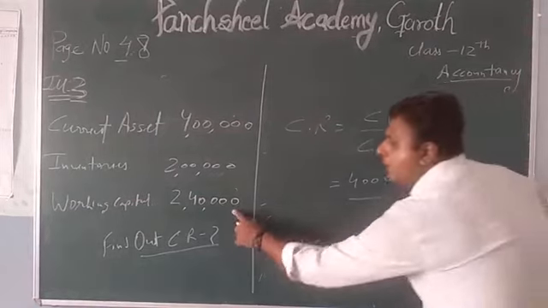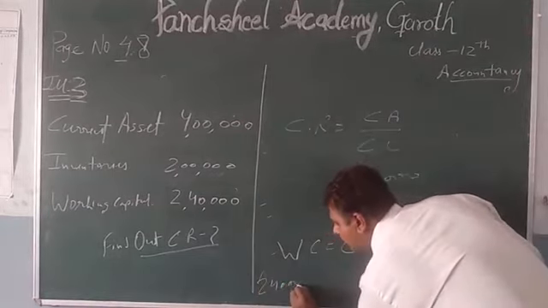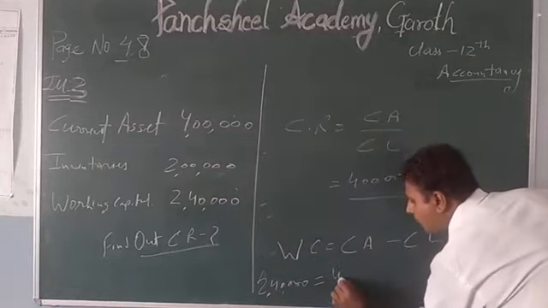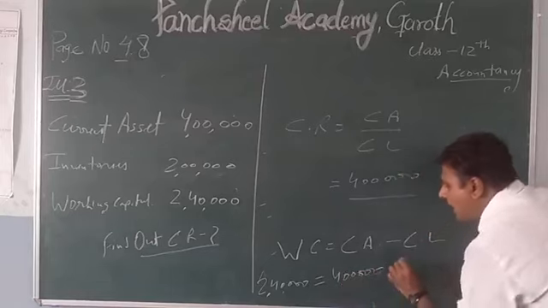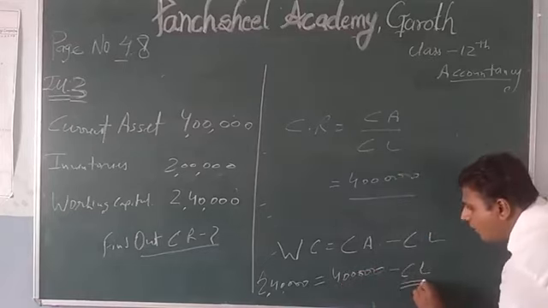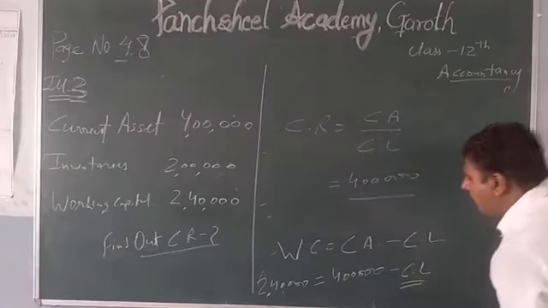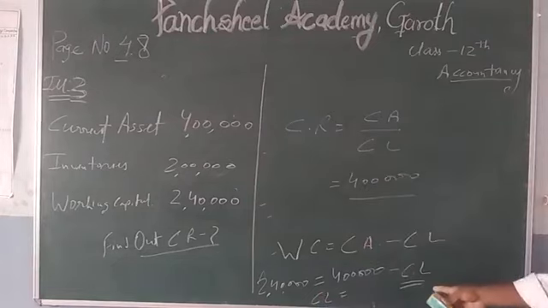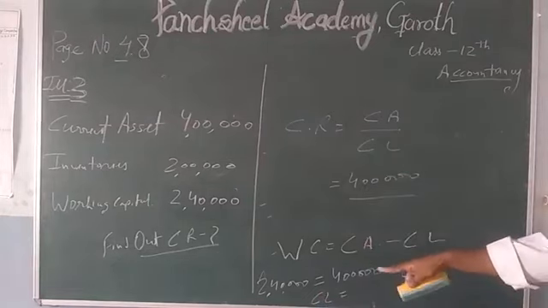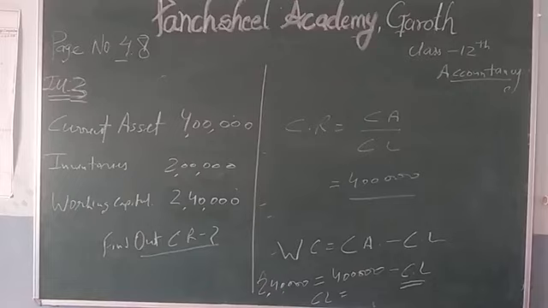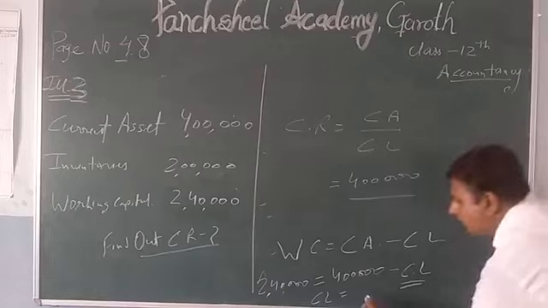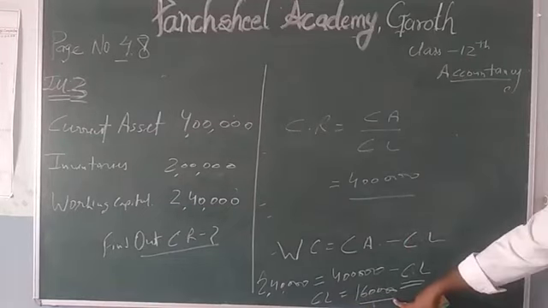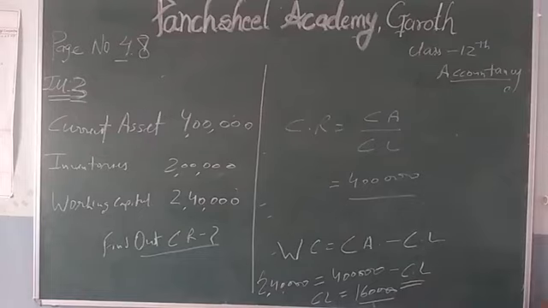So here the working capital 2,40,000, current asset 4 lakh, and current liability, yes, we have to find out. From this formula we can find current liability: 4 lakh minus 2 lakh 40,000, that is 1 lakh 60,000. 1,60,000 will be our current liability. So I am writing it here.